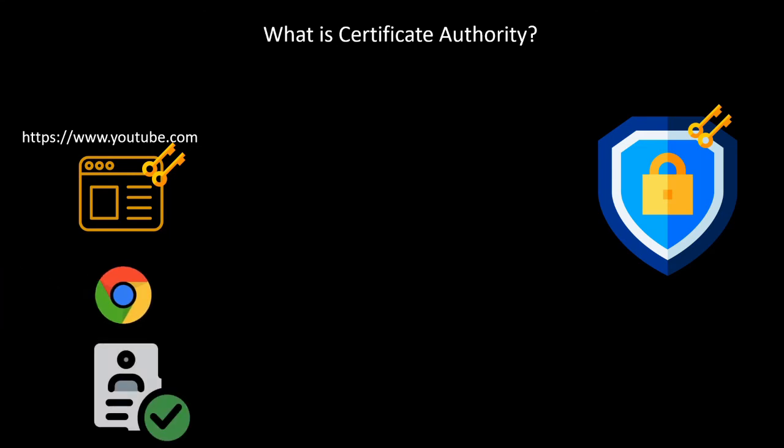Now, the browser has all well-known CA certificates such as Google Trust Services, GoDaddy, and DigiCert. The browser can verify who has signed the certificate. In this example, it is signed and authorized by Google Trust Services. So this is how a certificate authority works.